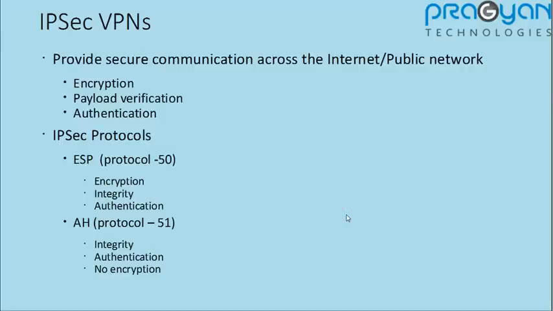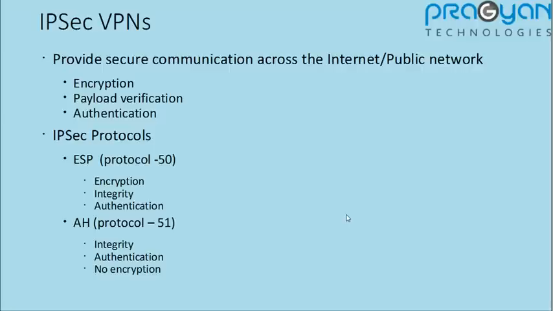Now we'll look at a few terminologies and a little bit more around IPSec VPN. IPSec VPN offers you three types of security. First, it offers encryption. What is encryption? If you want to know more, you could look for my previous video around security terms and concepts from Pragyan Technologies.